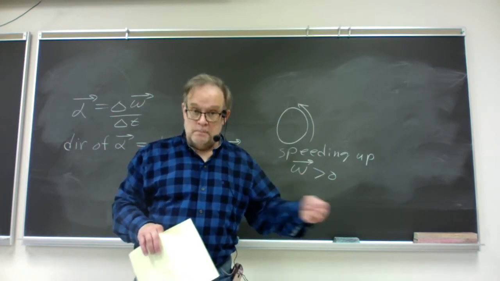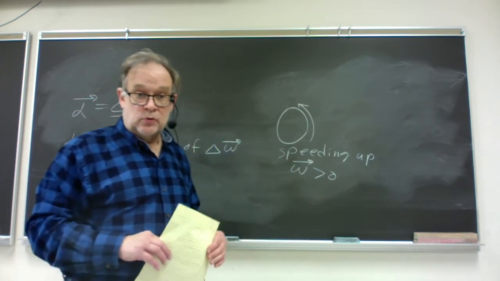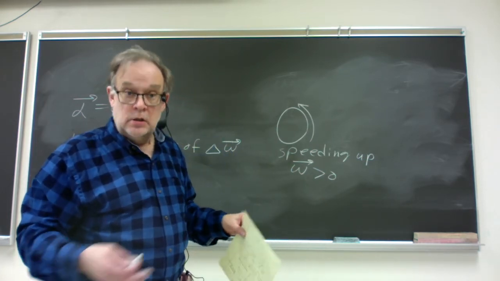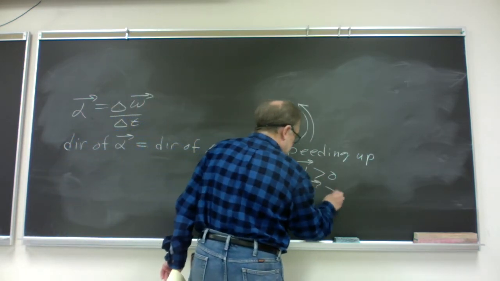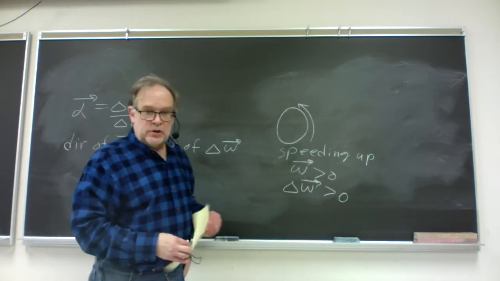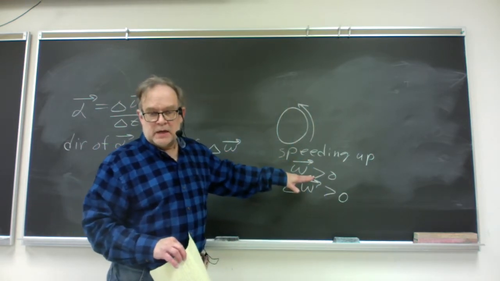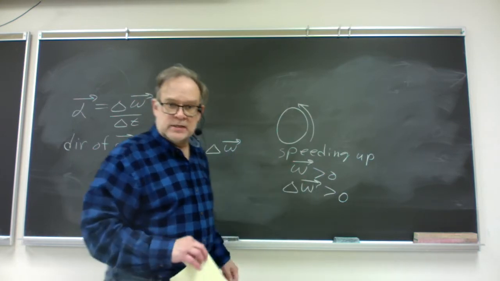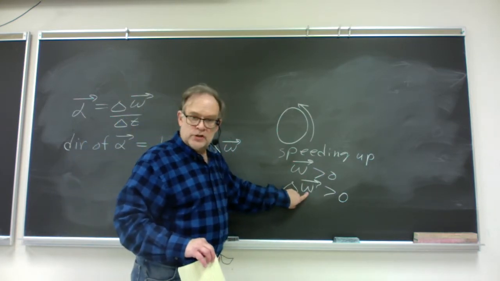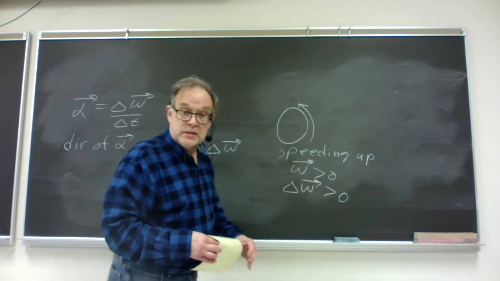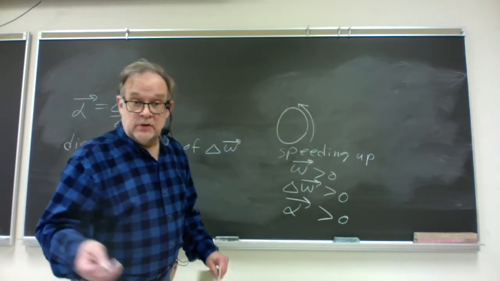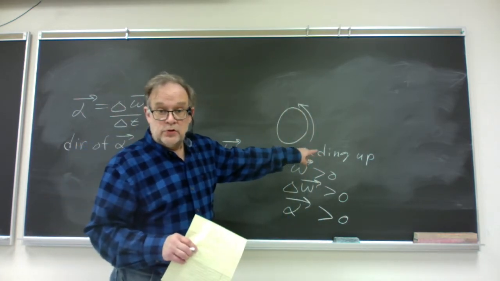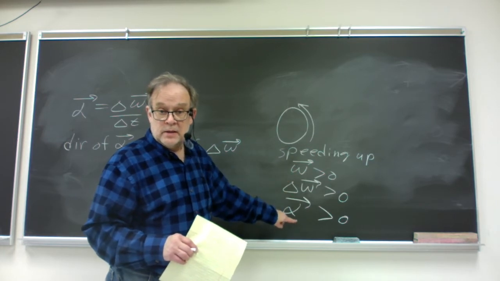You've got a bigger positive angular velocity as time goes by, which means you had to add more positive velocity. The velocity added on is positive velocity. You're adding positive velocity onto velocity that's positive, so you get bigger, stronger, faster velocity. Since the direction of acceleration tells you the direction of the velocity added on, acceleration is positive, and that's the same kind of thing we've seen before. Whenever you speed up, velocity and acceleration point the same way.